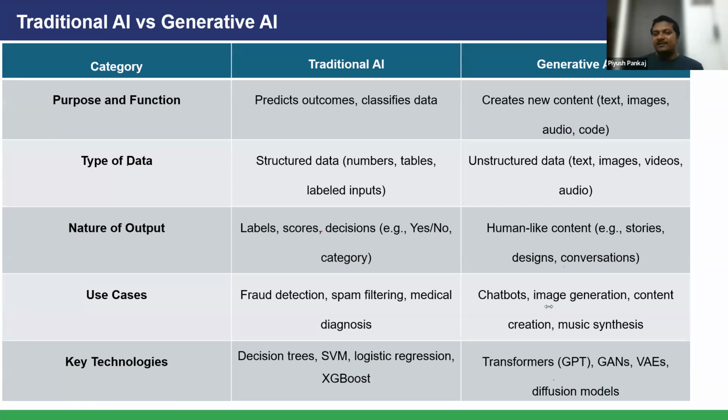Till 2020, we can say we were using traditional AI. The purpose and function of traditional AI was to predict outcomes. If you're getting an email, what type of email is it? If you're crossing a signal, are you wearing a helmet or not? That is also traditional AI.